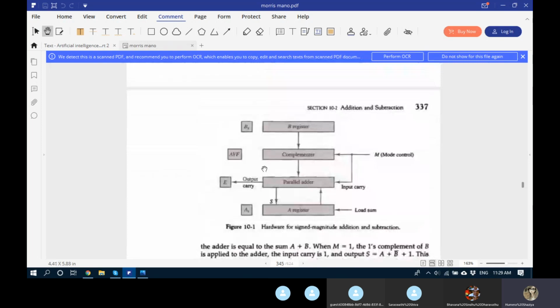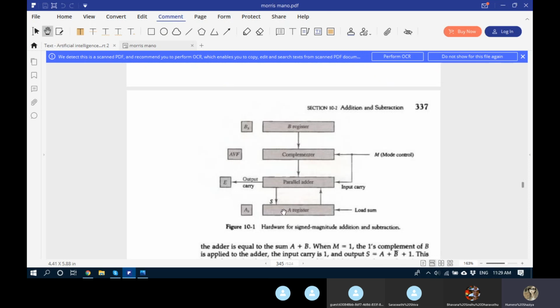Look at this. We require two registers to store two operand values. Register A, register B. We require two flip-flops, BS and AS, to store the sign of A and B operands.